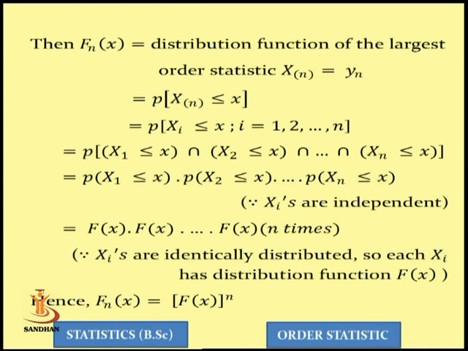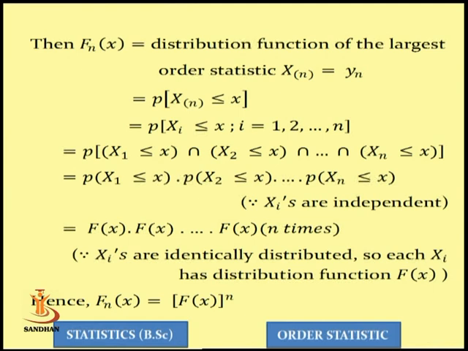So if I say probability of Xn less than or equal to x, that means if the largest value is less than or equal to x, then obviously all other values of that sample are going to be less than x. So probability Xn less or equal to x is the same as saying that the probability that all Xi's are smaller or equal to that x, for all i from 1 up to n.